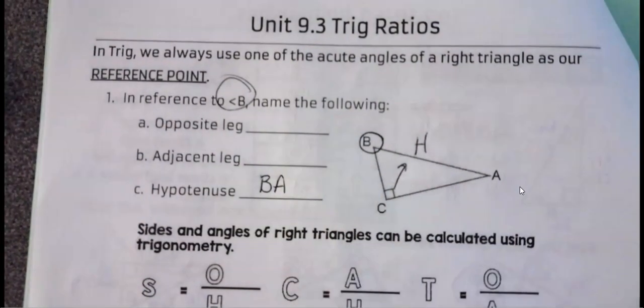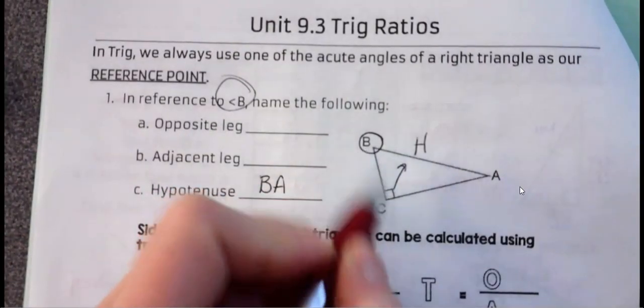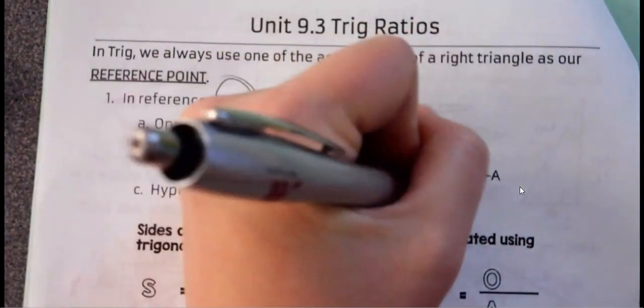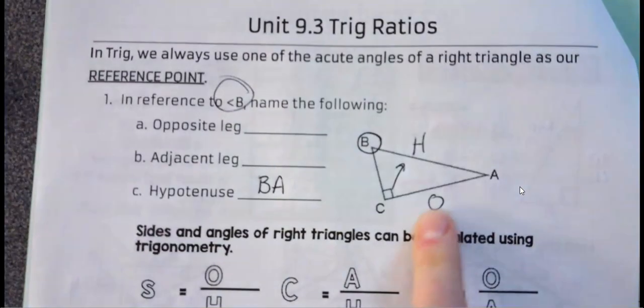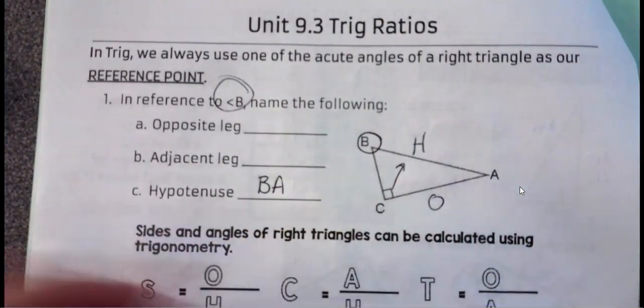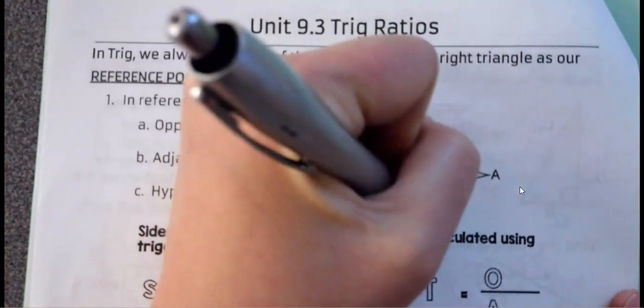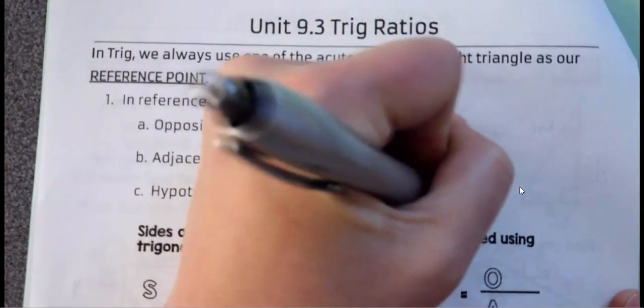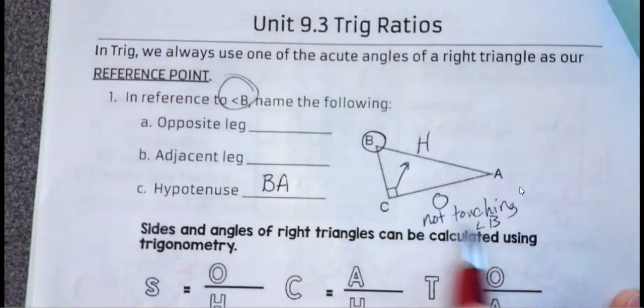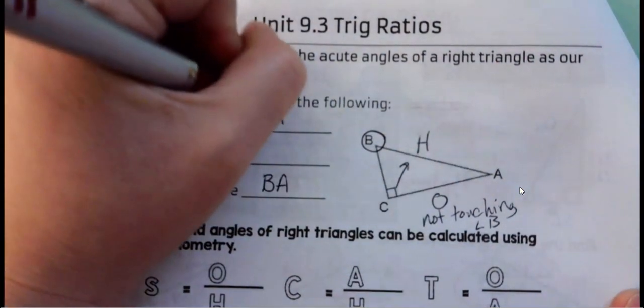So opposite sides, here is angle B. The side that's opposite of B is going to be this side because it's on the other side of the triangle. It is not touching B. So the opposite side is not touching angle B. So that's important. That's CA.